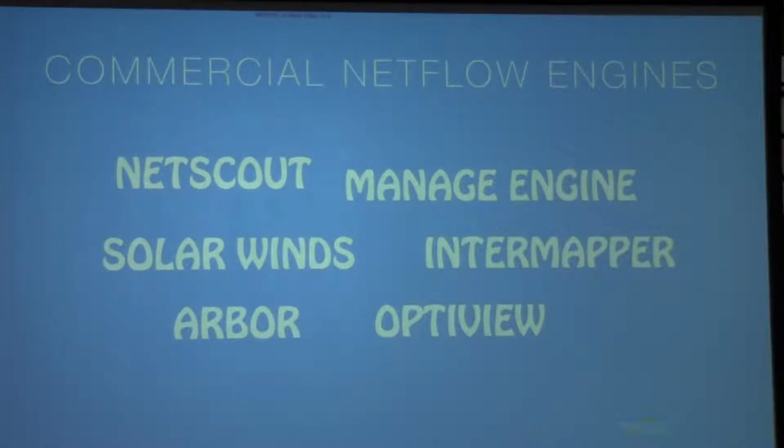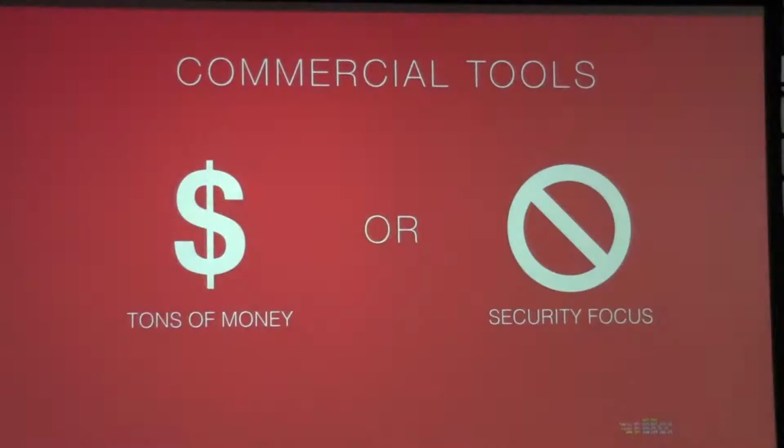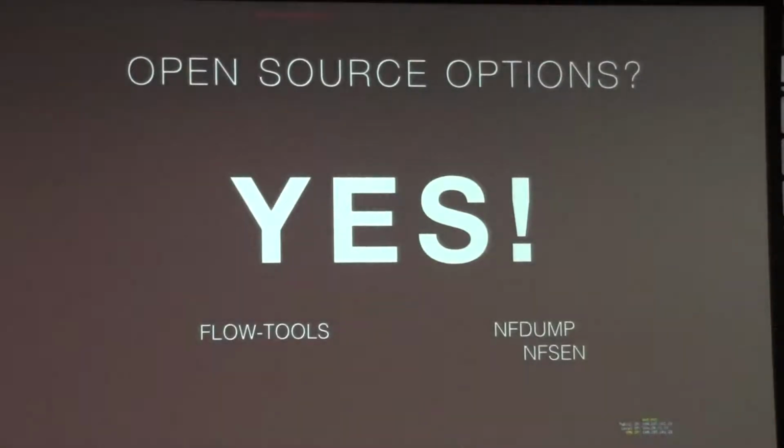And as soon as something happens that's out of the norm, let me know. So it does anomaly detection. Very cool stuff that these guys are doing, but they cost a ton of money. And if they don't cost a ton of money, they don't have a lot of security-based focus, in my opinion. And so there are some open source options out there.